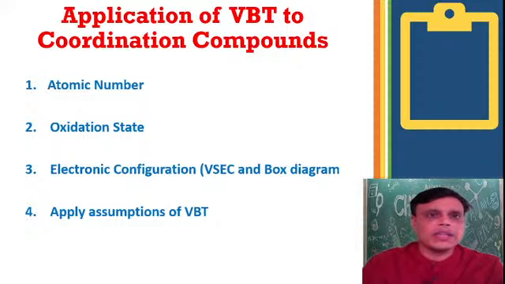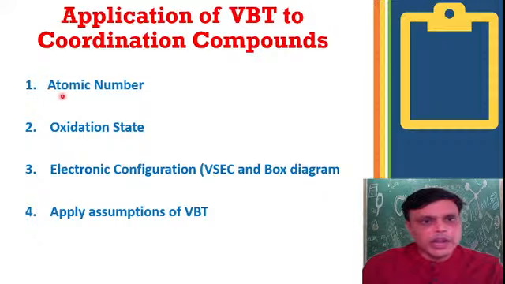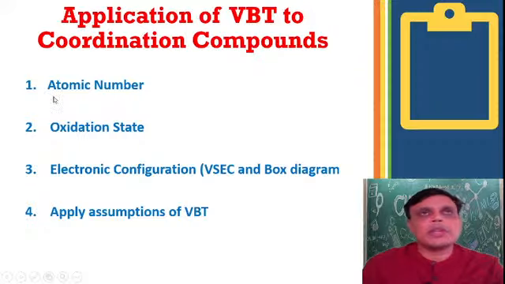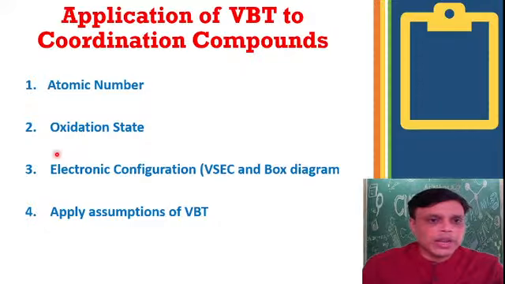While applying these assumptions of VBT to the coordination compounds, you have to remember some points. First point is the atomic number of the central metal atom. ये आप लोगों को पता होना चाहिए. फिर से एक बार मैं आप लोगों को बोल रहा हूँ, this is very very important: the atomic number of that central metal atom. Then you should be able to determine the oxidation state. ऑक्सीडेशन स्टेट आप लोगों को कैलकुलेट करनी आनी चाहिए. Then after the oxidation state you will be able to write the electronic configuration of the central metal atom.